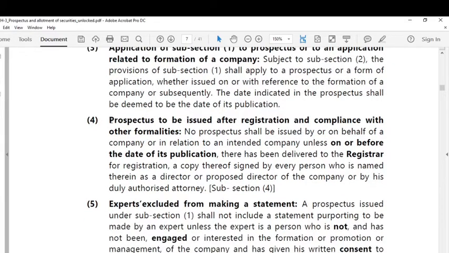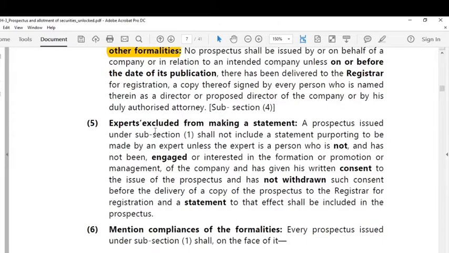This point clearly says that the prospectus is to be issued after registration and compliance with other formalities. So there is a mandatory registration and there are mandatory provisions to be complied with before its publication.